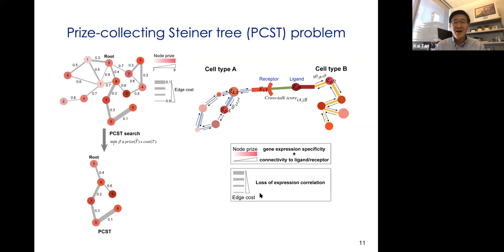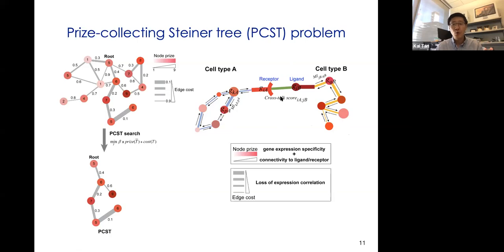And for edge cost, basically we use a measurement of loss of expression correlation between 2 genes. For our work, we use mutual information between 2 genes, as shown here. So with this problem set up, we apply the PCST problem, and that will give us an optimal subgraph from the integrated network that represents genes that are highly specifically expressed in the cell type involved, and also closely connected to the ligand receptor genes.